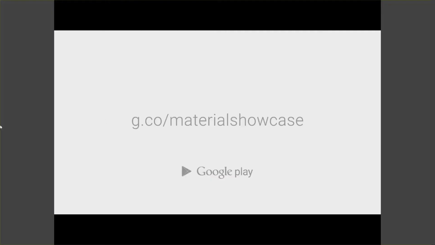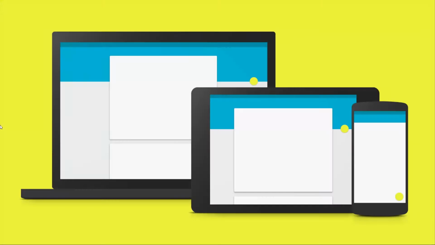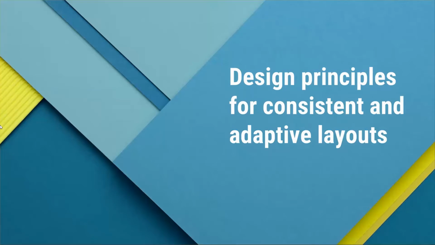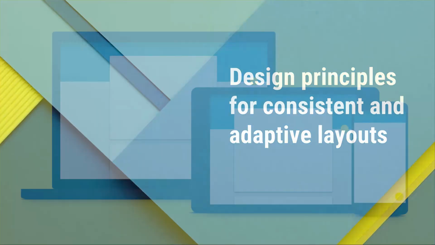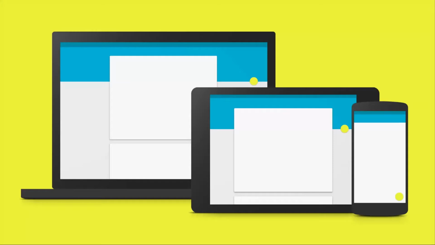Sorry. So what is material design? Material design is Google's design principles for consistent and adaptive layouts. Now, what does that mean, consistent and adaptive layouts? If we look at this example here, consistent means your app is supposed to look and feel the same way across screen sizes.